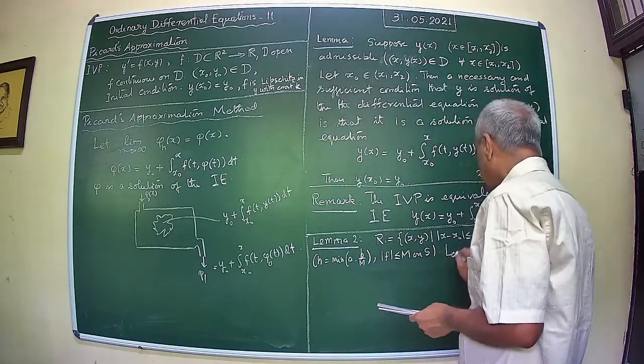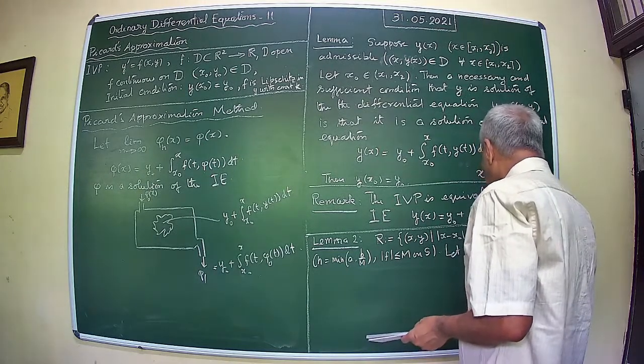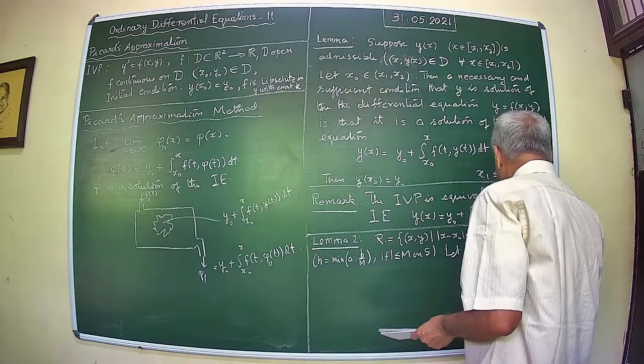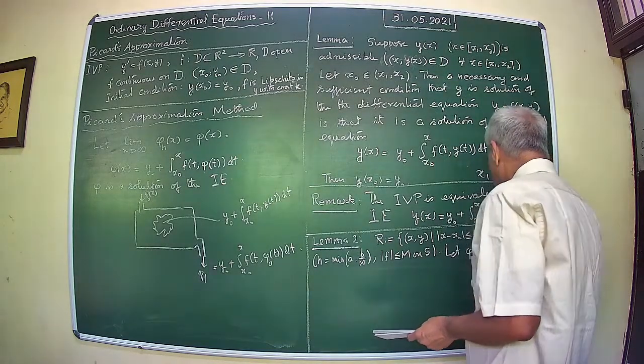Let phi naught be an admissible function for the two, right?